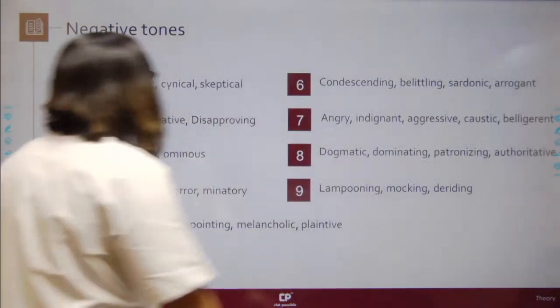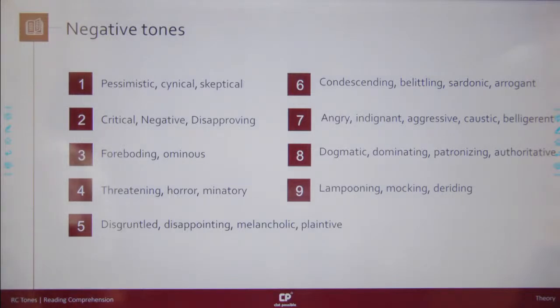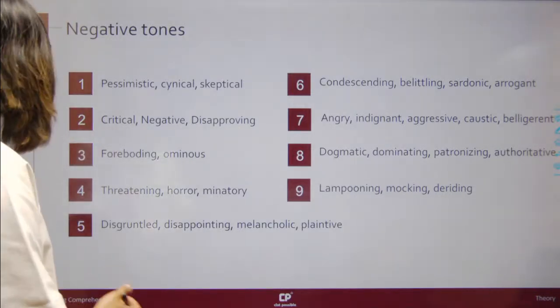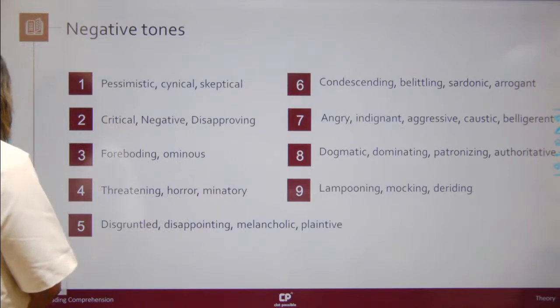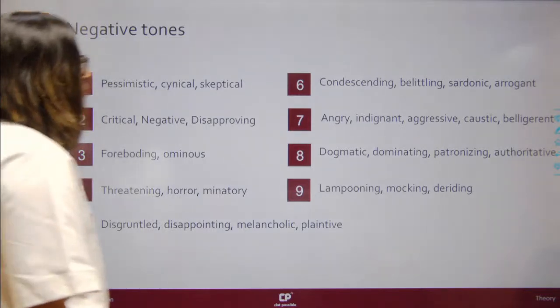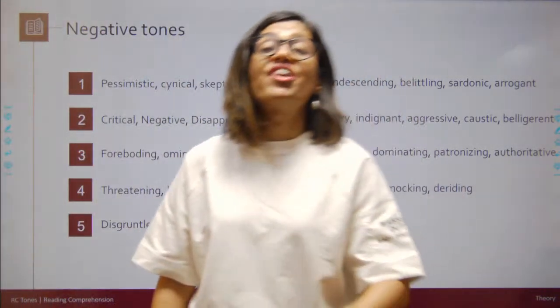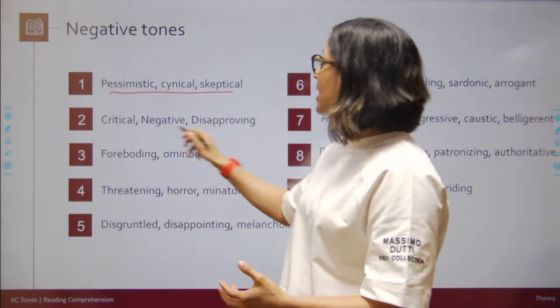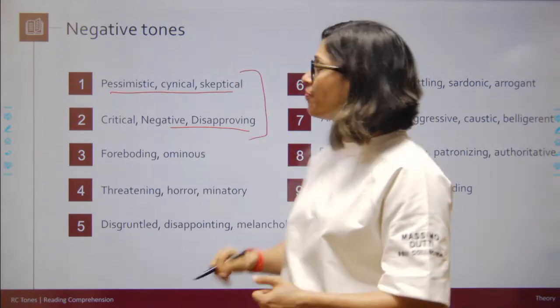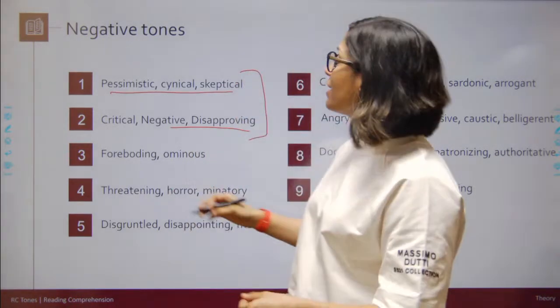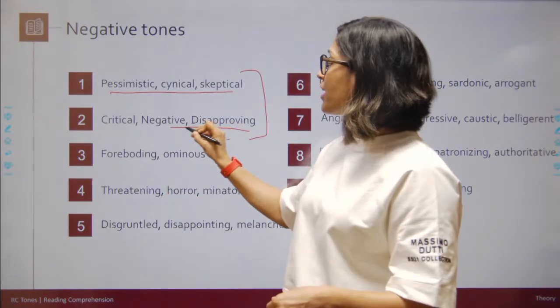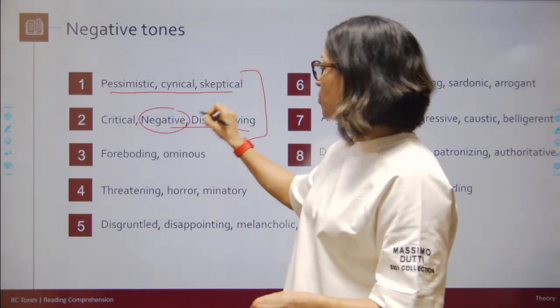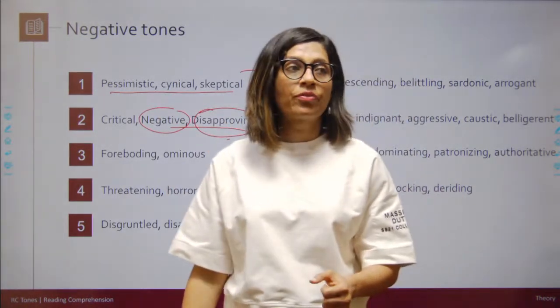Great. Since we did positive tones, now let's also take up negative tones. Now, naturally, if the author is criticizing, then your tone will be pessimistic, negative, disapproving. All these are same. The slight difference would be that if it is only criticism, you will say negative or disapproving, right?